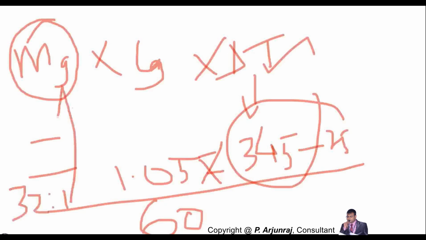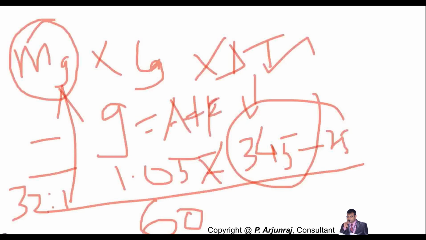But we need to have the mass flow rate of the gas, so how are you going to get the gas? We have seen the combustion. You are going to get the combustion gas when air is mixed with fuel. The ratio you get is 32 is to 1.